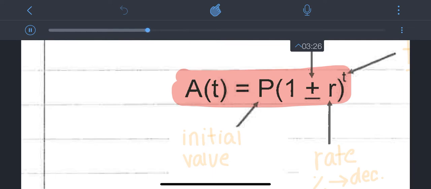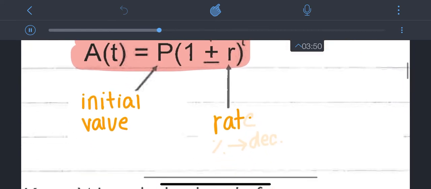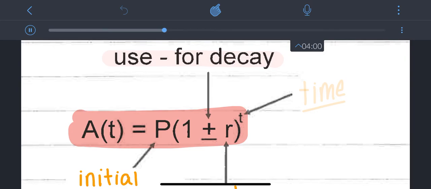P, the number that goes in front, kind of like regular exponential equations, is the initial value. That is the starting amount, what you start with before the exponential growth happens. Then it's going to be 1 plus or 1 minus the rate. R is the rate. You take the percent and change it into a decimal. And T is the time, however many days, years, weeks, whatever. T represents the time.